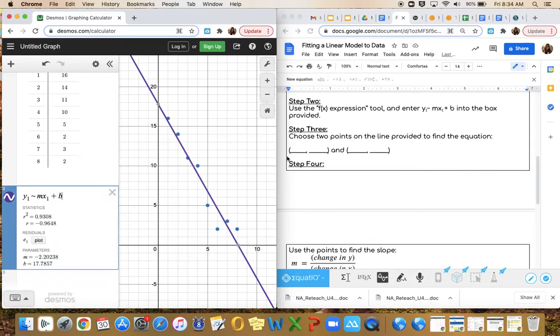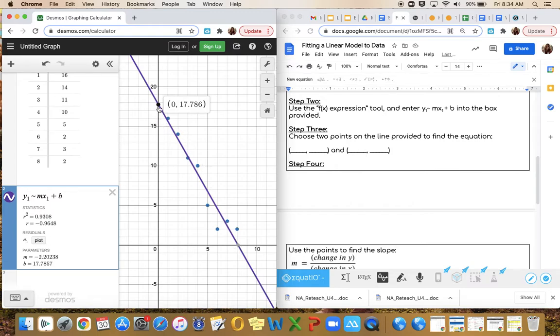Now, with that, we're going to be able to find an equation of this line. So what we first want to do is choose 2 points on this line. So let's just find a point.